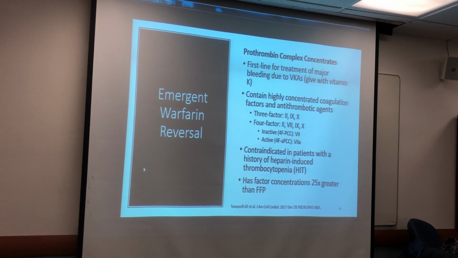There are 3-factor products that contain factor 2, 9, and 10, and then the 4-factor products additionally contain factor 7. And the 3-factor products are less effective, generally not recommended, so the 4-factor are preferred, and then those are additionally classified into inactive or active based upon their factor 7 component. So the active has activated factor 7, but inactive for all the others.